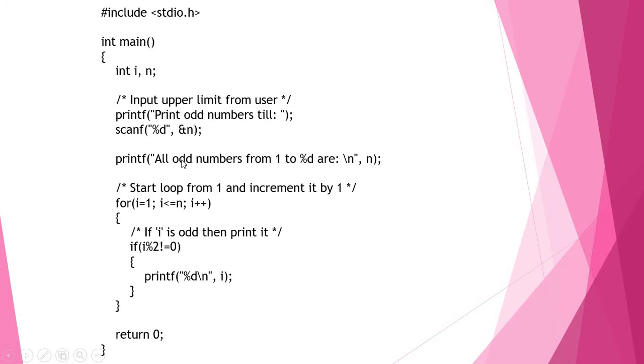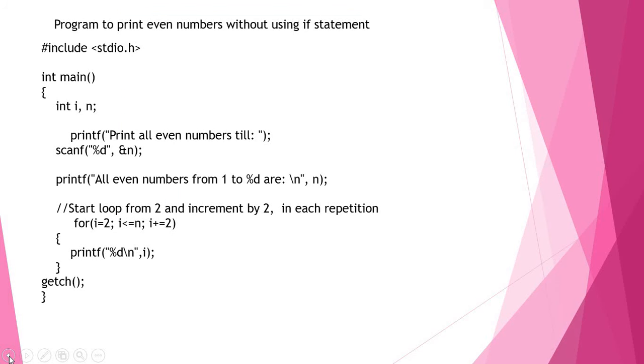This print statement will print all the odd numbers as it is. The for loop allows incrementing one by one, checking whether the number is odd or not, and it will print one by one. Now, of course, the condition gets changed over here.